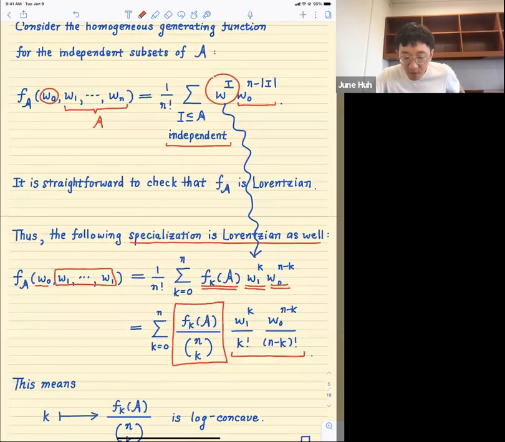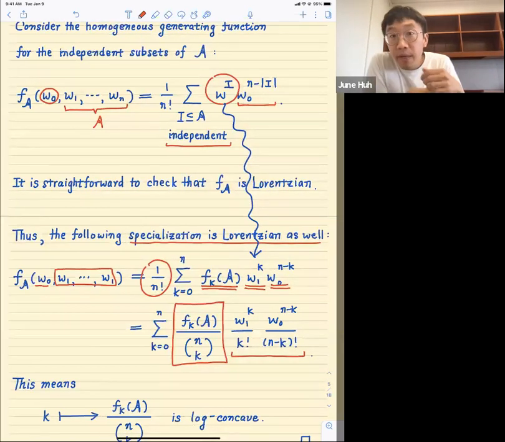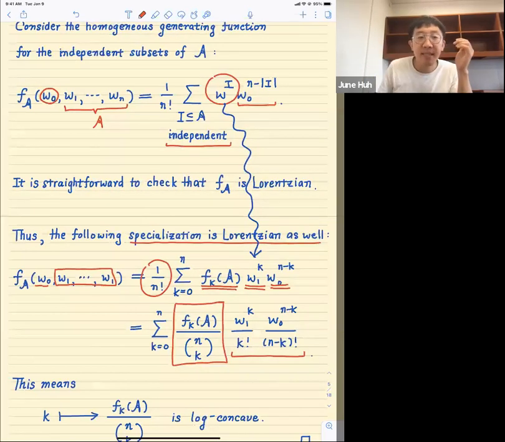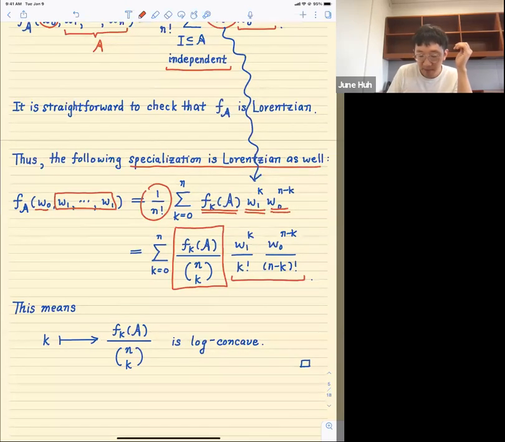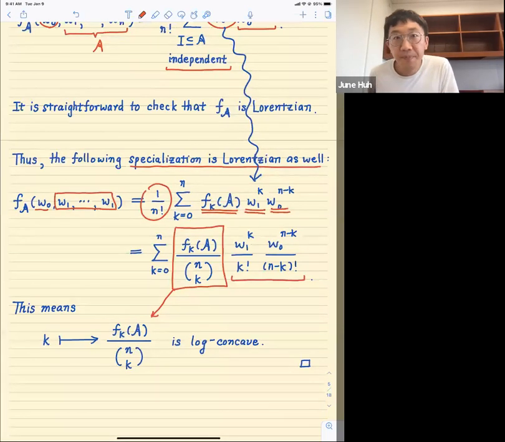So this 1 over m factorial is subsumed into this expression. But the theory of Lorentzian polynomials in two variables is extremely simple, as you will see. And it more or less just says that this sequence of normalized coefficients, Fk over n choose k, is log concave. And that is the end of the proof.